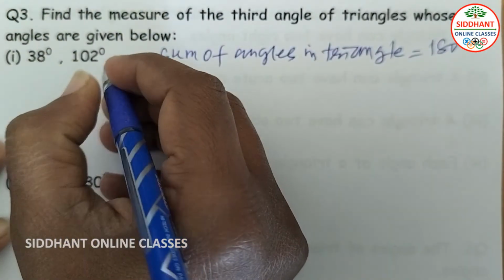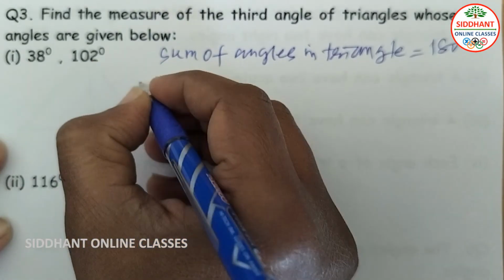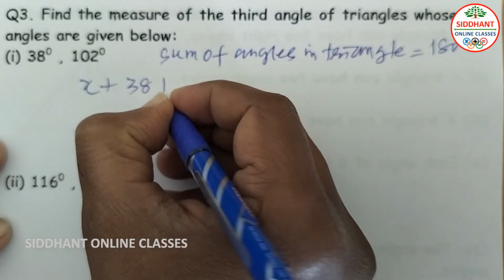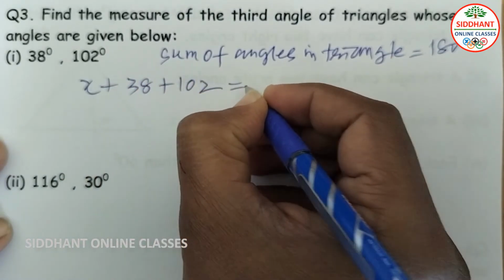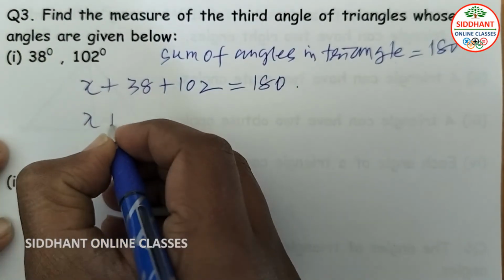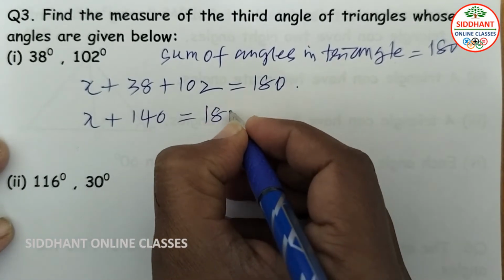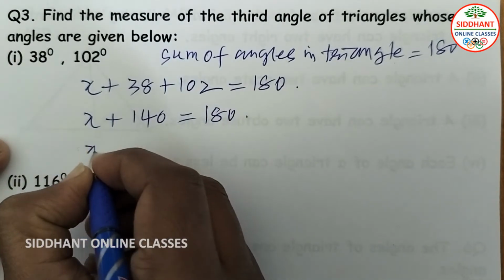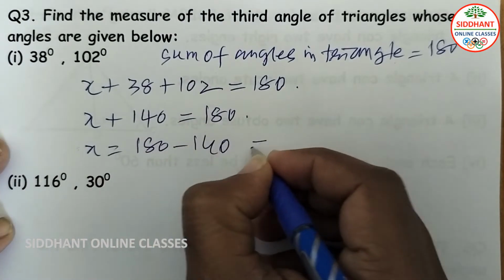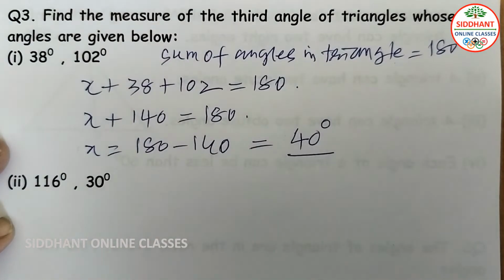The third one, let it be x here. So x plus 38 plus 102, that is equal to 180 here. Then x plus 140 equals 180 here. Then x is equal to 180 minus 140, that equals 40 degrees here.